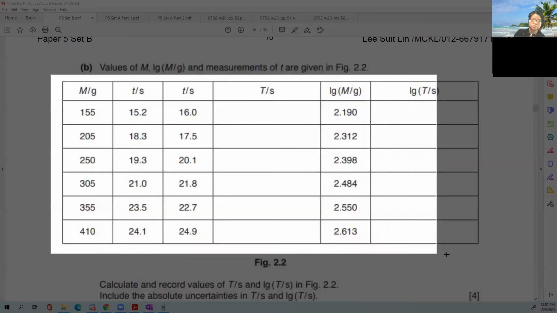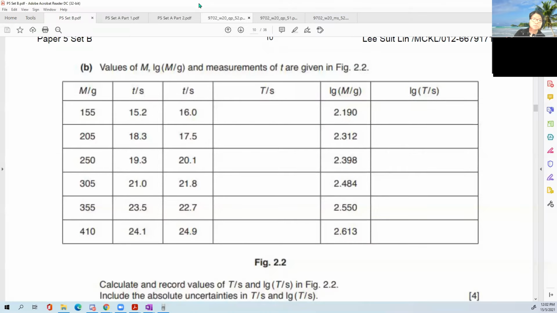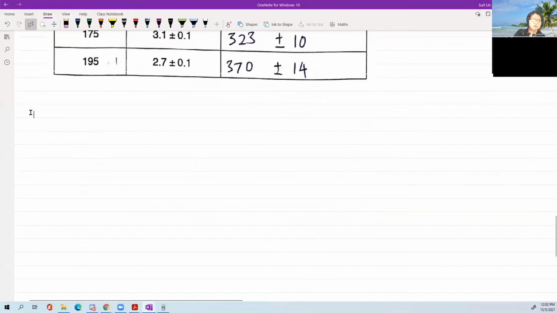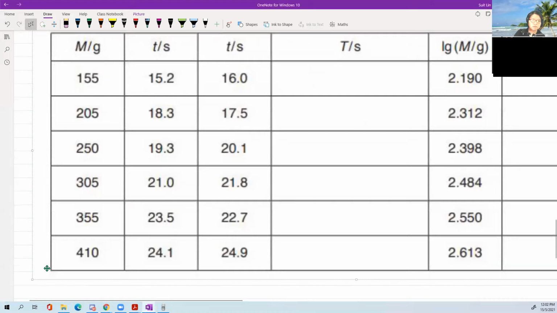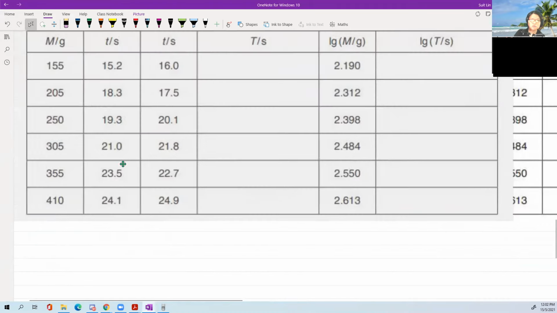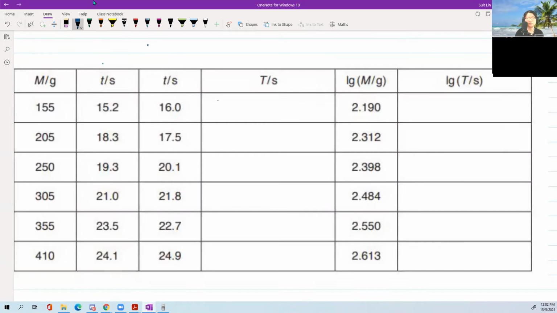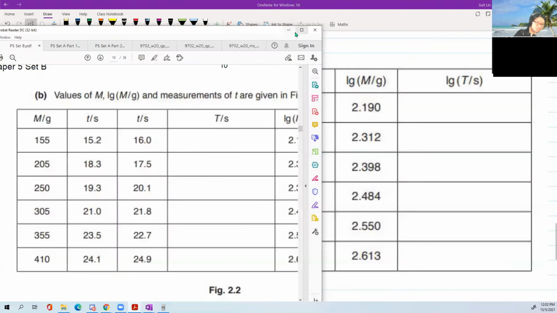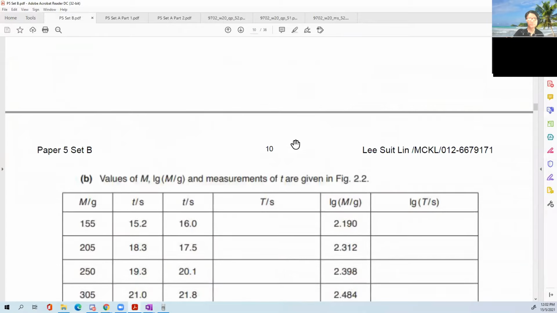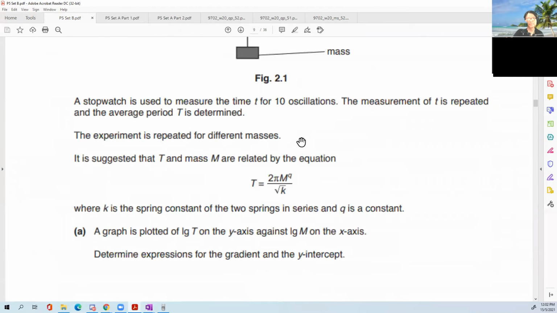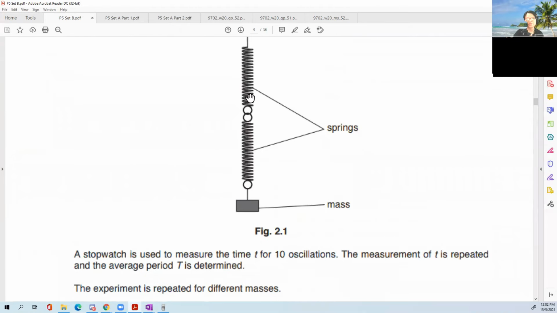Okay, let me explain to you what I mean. The uncertainty for this one: you see, this is T, and based on the question, I think it's 10 oscillations. So it's going to oscillate up and down.